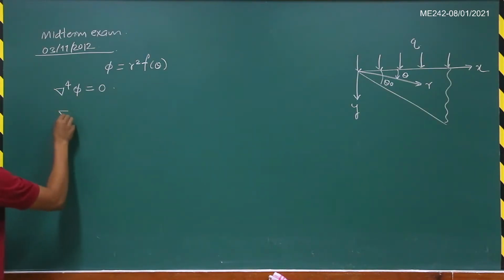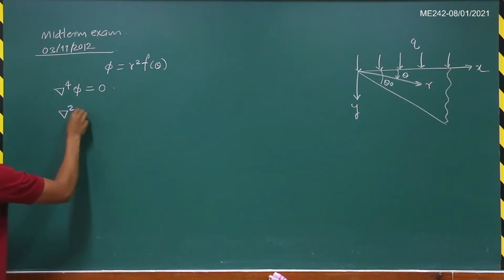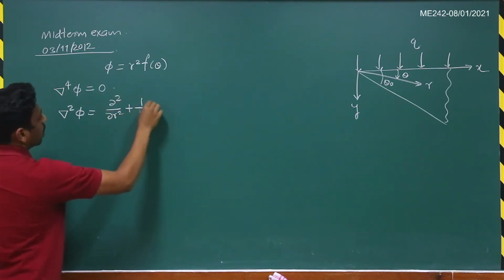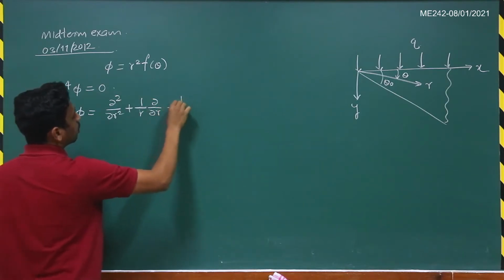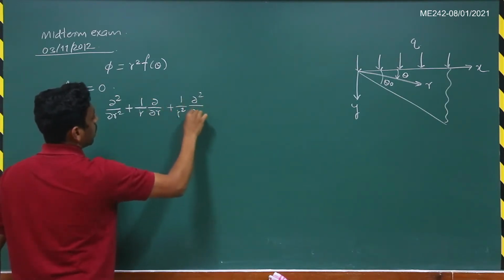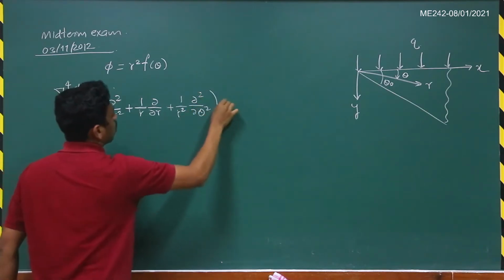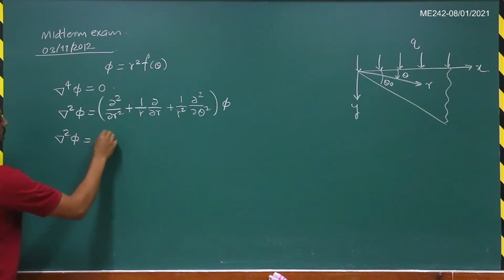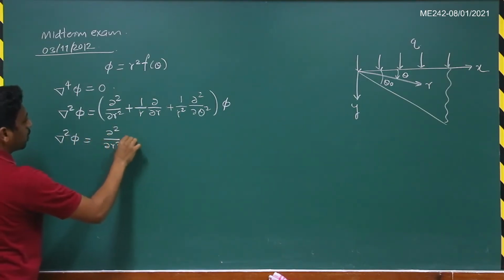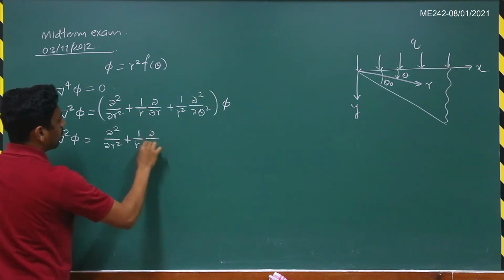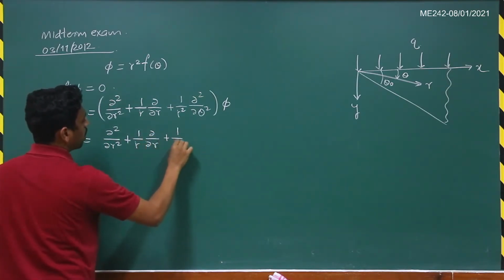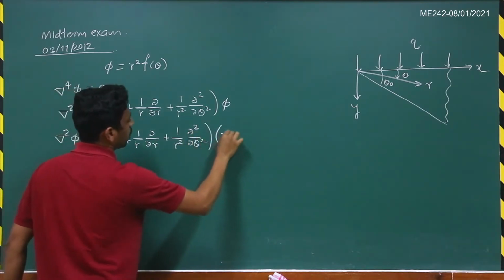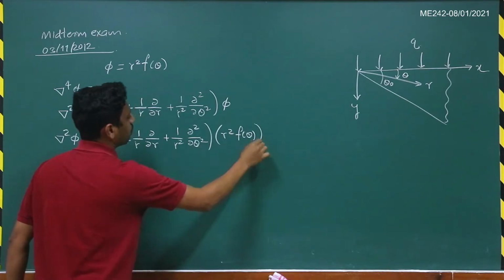We know in the cylindrical coordinate system, del square phi is del square by del r square plus 1 over r del by del r plus 1 over r square del square by del theta square of phi. Here phi is r square f of theta.